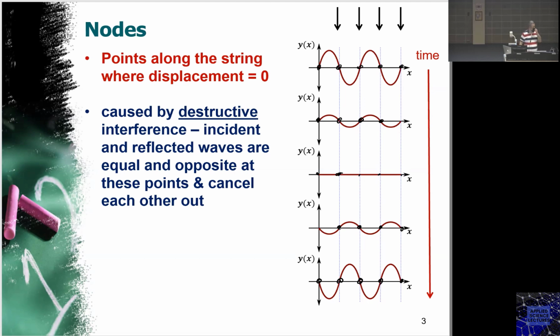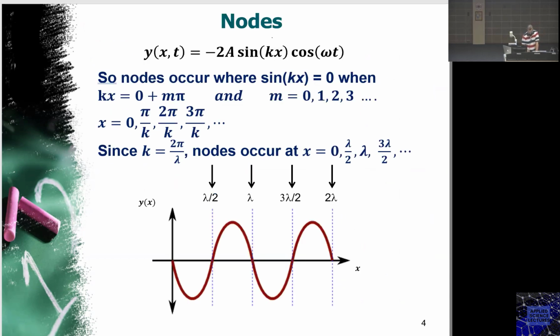Now, how do we calculate those locations? We have seen those locations graphically here on this standing wave function. But what about mathematically? We can calculate those locations mathematically by solving for the sine function to be 0, because those displacements are always 0.